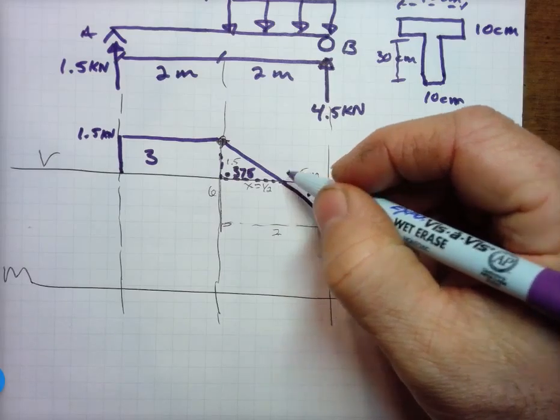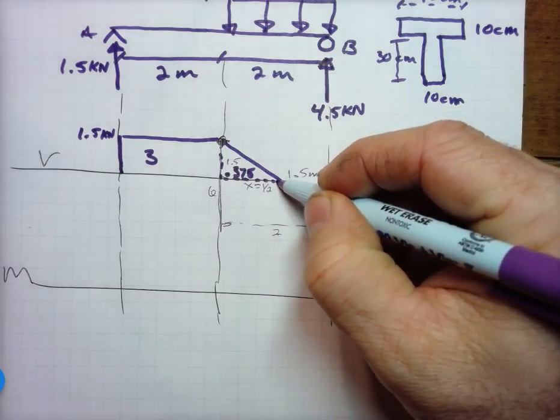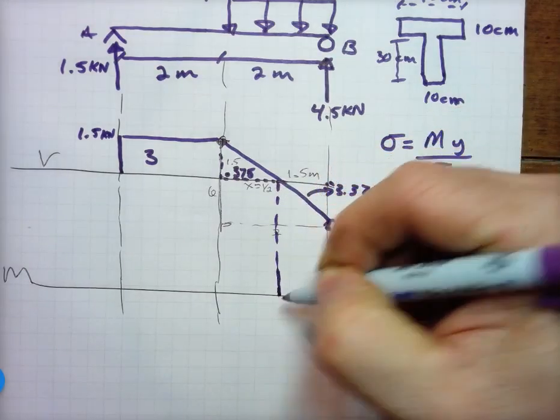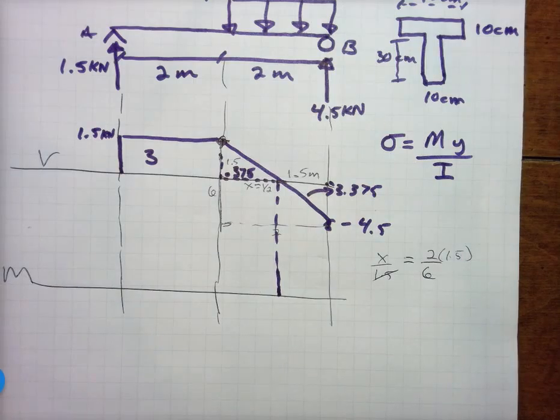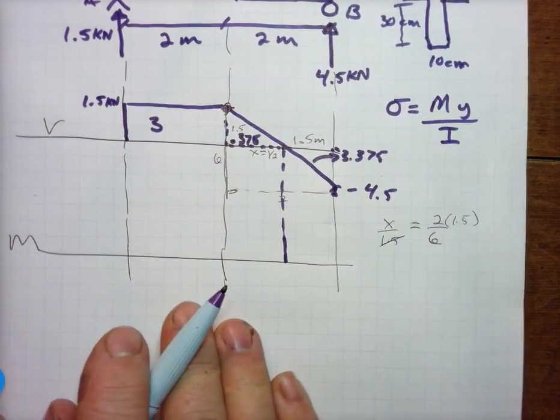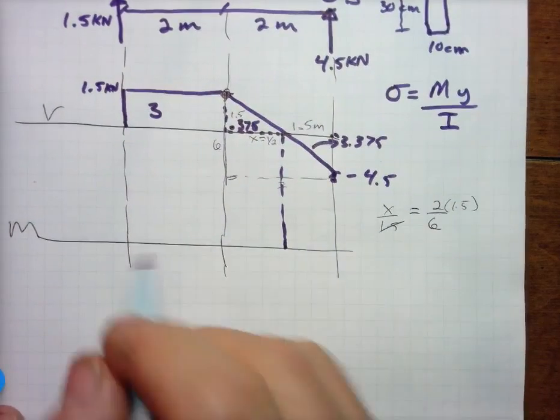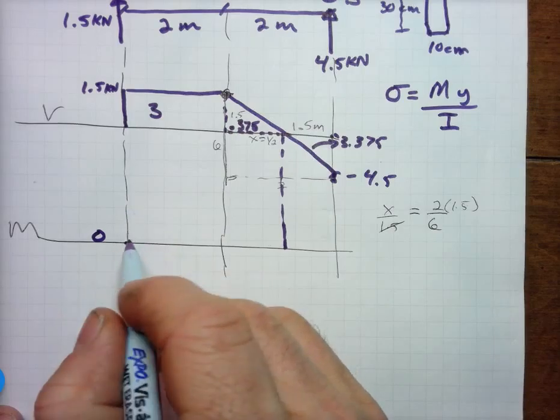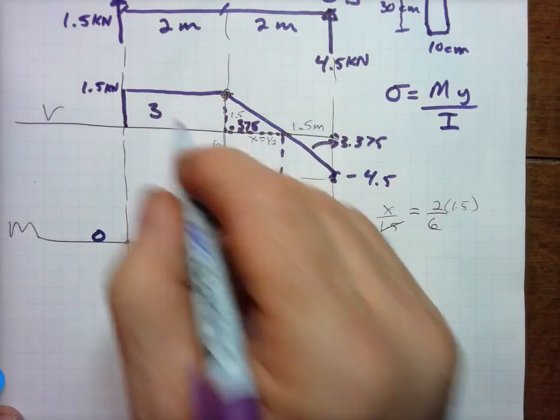Where this crossed the x-axis is a new important point. So here we go. I'm now going to draw the moment diagram. Again, it would be worth pressing pause. Okay, so I start at 0. As I go from here to here, I'm supposed to go up 3.